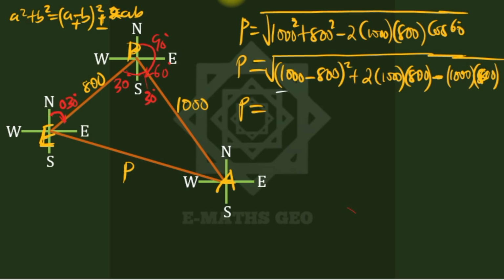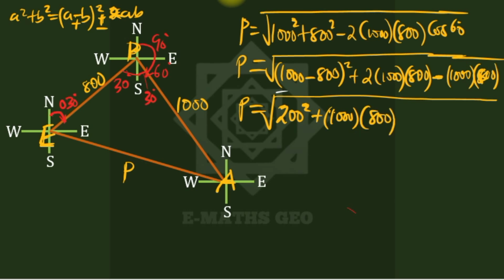My a is 1000, my b is 800, so that the answer will be in the simplest surd form possible. So this is 200 all squared. Then this is like 2x minus x, which is x, so I have plus 1000 times 800. It makes our solution very easy.